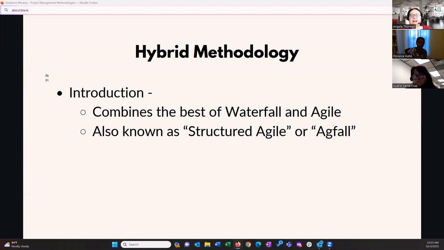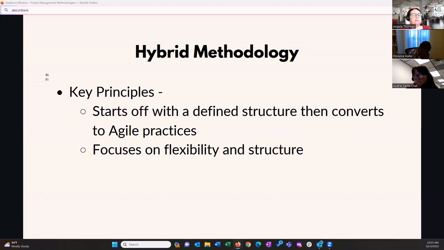And for this reason, we sometimes call it structured Agile. So the hybrid methodology starts off with a defined structure and then converts to more agile practices. So it focuses on flexibility and structure.